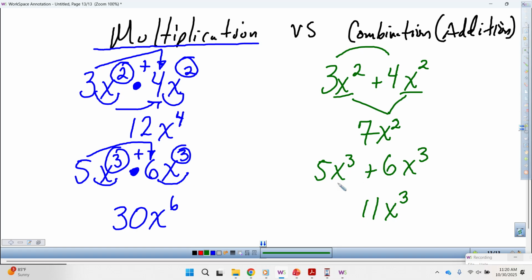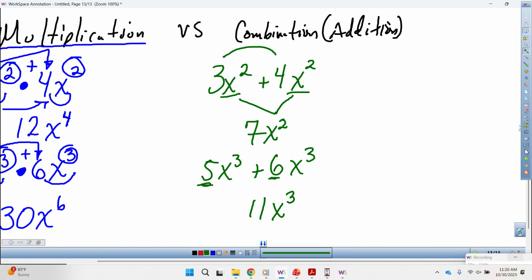Once again, when is the only time that we can combine the two numbers? When the variables are the exact same variable with the exact same exponent. Say that again. For multiplication, it just has to be the same variable, not the same exponent.